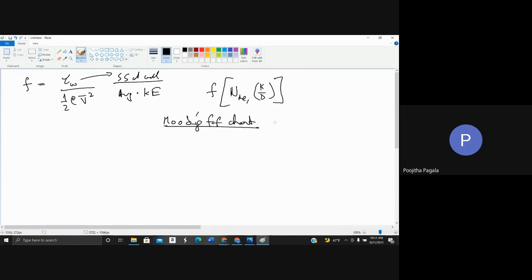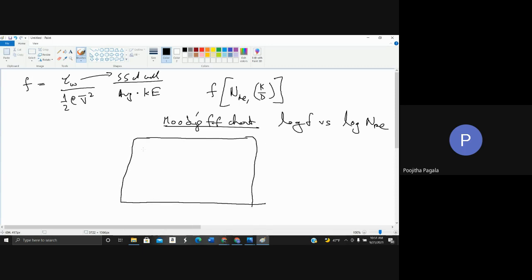So you can find a chart called Moody's friction factor chart, which is plotted for log F versus log Reynolds number. And the chart looks like this. So you have log F and then log NRE. And can anyone tell me what is the value of F in case of laminar flow?